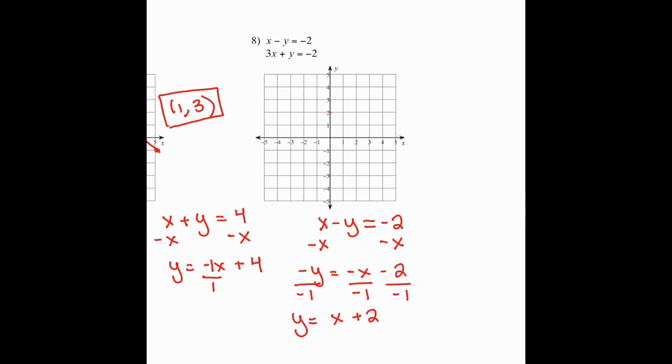So my y-intercept is 2, and my slope will be 1 over 1, which tells me I go up 1 and over 1 each time. Or I can go down 1 and to the left 1.